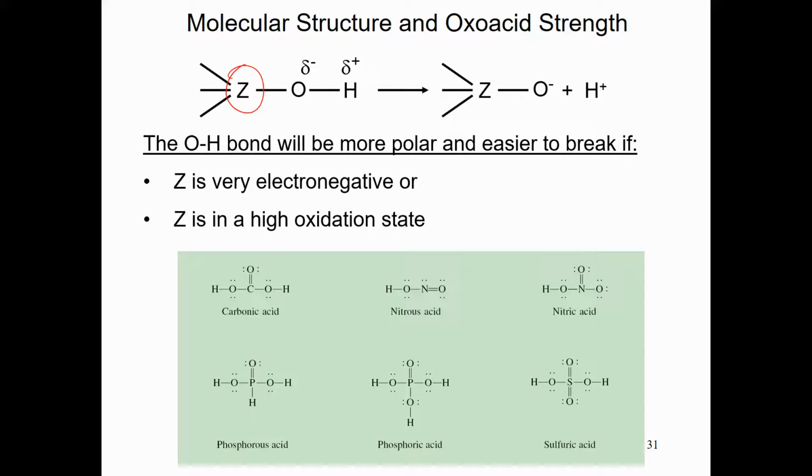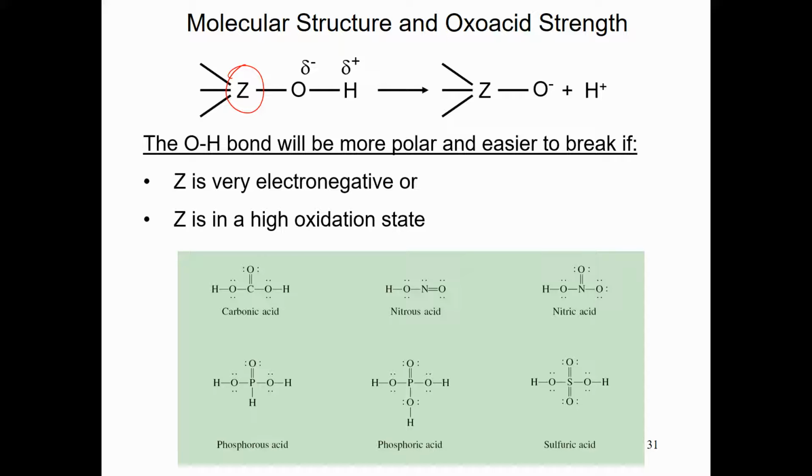If I had something more electronegative in the center here, the more electronegative it is, the stronger the pull on the electrons of the hydrogens, and the hydrogen would fall off more easily. Oxygen is already electronegative. If carbon was electronegative as well, then this hydrogen would come off more easily because of that pull. But carbon is not very electronegative, and we have these 3 oxygens versus these 2 hydrogens, and so this becomes more of a weak acid.